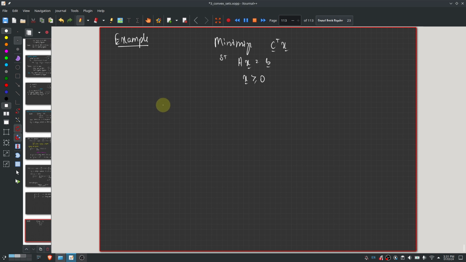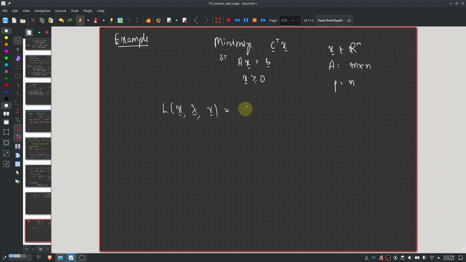So first, what would be L of x, lambda, nu? Here I'm assuming that A is an m by n matrix, x belongs to R^n, and that's it. So in this case, p would be equal to m. What would this be equal to?